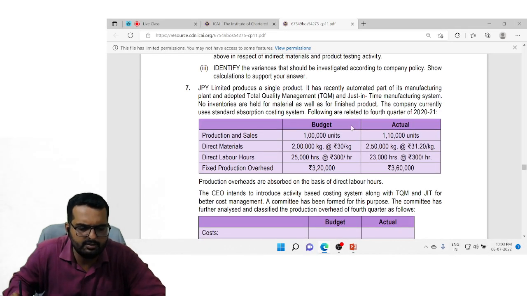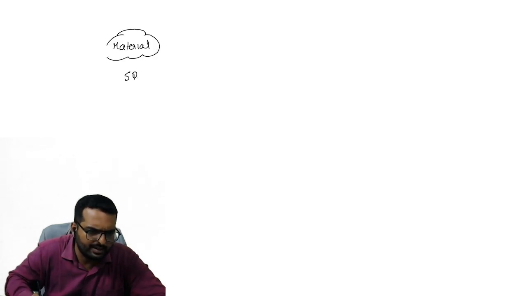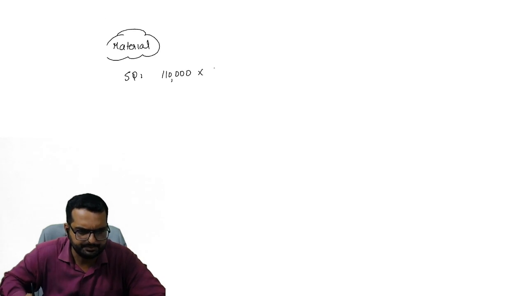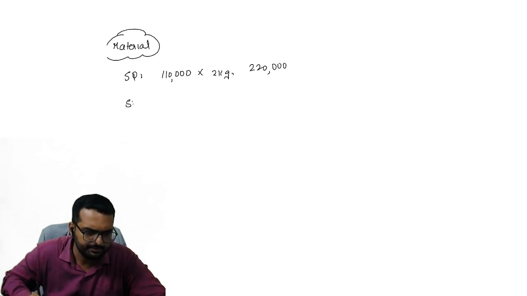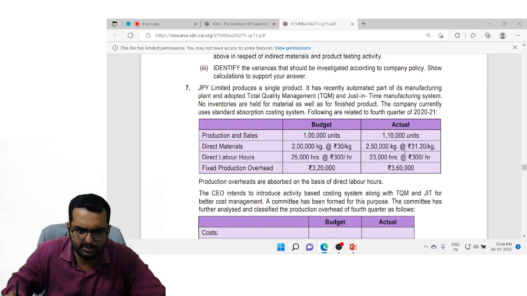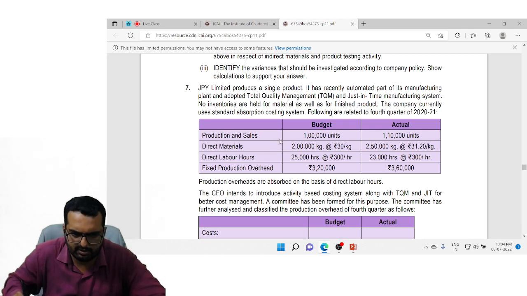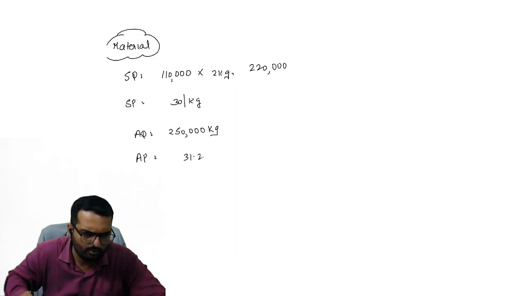So, when I do material, SQ is based on actual output. So, first I'll write down SQ will be based on 1,10,000 units into 2 kg. So that will be 2,20,000. SP is also given over here as 30 rupees per kg. AQ is given as 2,50,000 kg. AP is given as how much? 31.2.